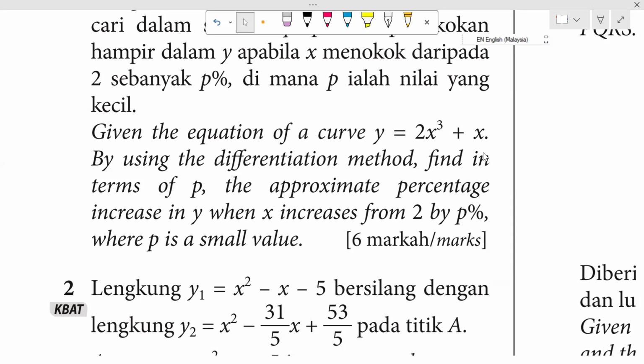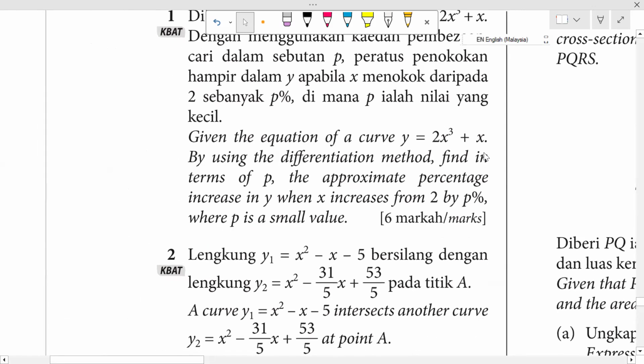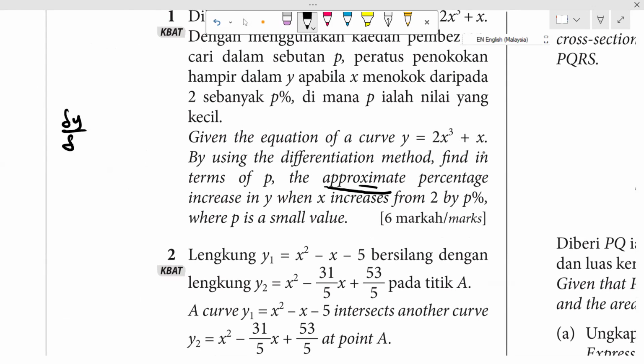How do you do this? It's an approximate question. First of all, you have to identify this is an approximate question. When approximate question, which one do you need to apply? Del y over del x approximately equals to dy dx. So you must know which one to apply. So this is the one.